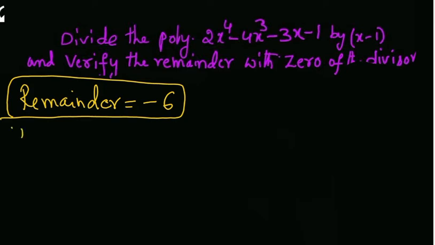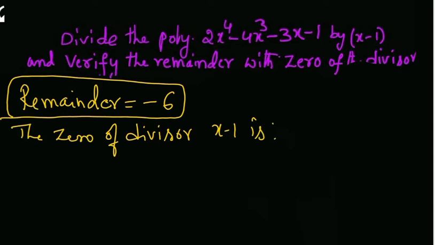The zero of divisor x minus 1 is, so what we have to do, we have to equate it to 0. To calculate this we have to equate x minus 1 to 0, then we get x is equal to minus 1 goes to the other side, it becomes plus 1, so x is equal to 1.